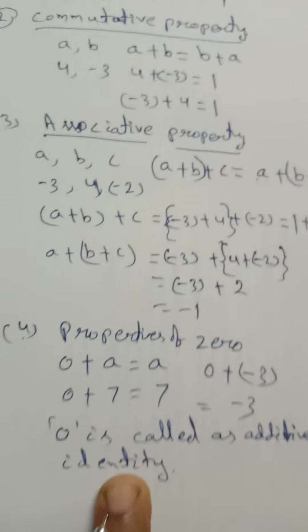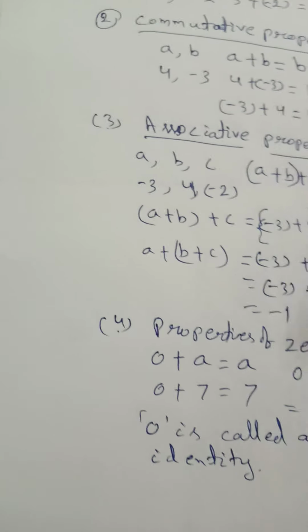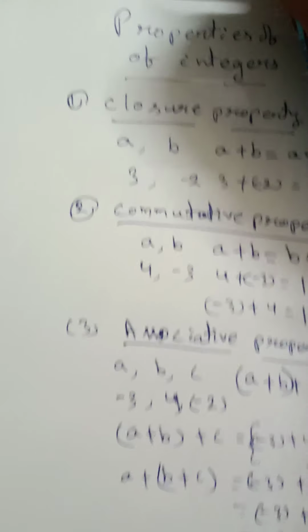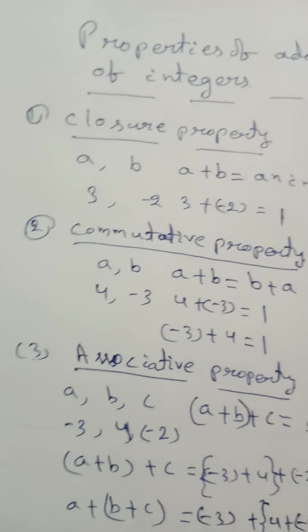Next are the properties of subtraction. In the properties of subtraction, we will see whether closure property, commutative property and associative property are satisfied or not.